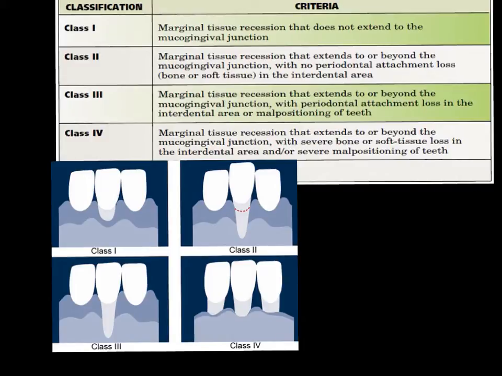These categories can be used to assess the recession defect which is present and predict the possible outcome of any periodontal plastic surgery procedure which would aim to cover the recession defect and restore aesthetic. Defects classified as Class 1 and Class 2 can result in full coverage of the recession defect.